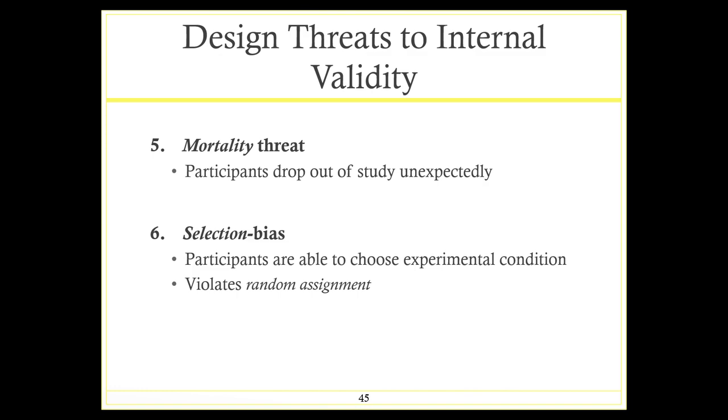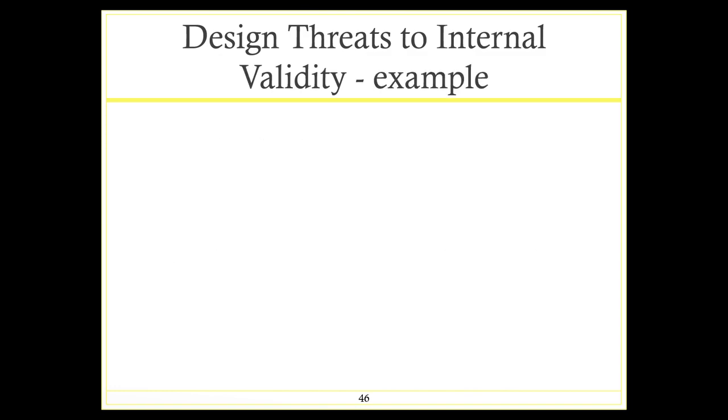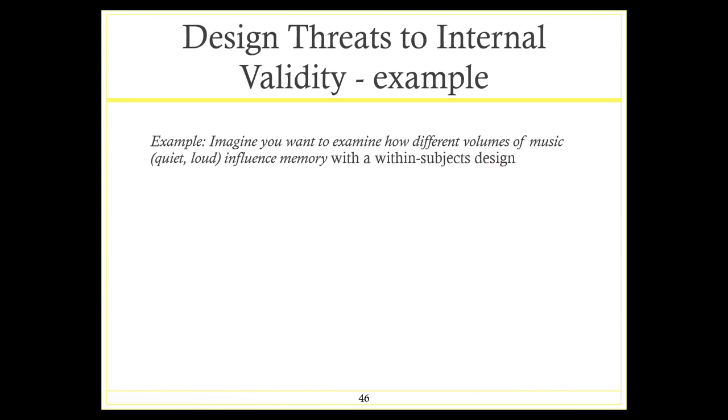You might think this is very difficult to understand, and I'll give you one more example to fully explain all different types of threats to the internal validity in terms of design of experiments. So imagine you want to examine how different volumes of music, quiet versus loud music, influence memory using the within subject design.